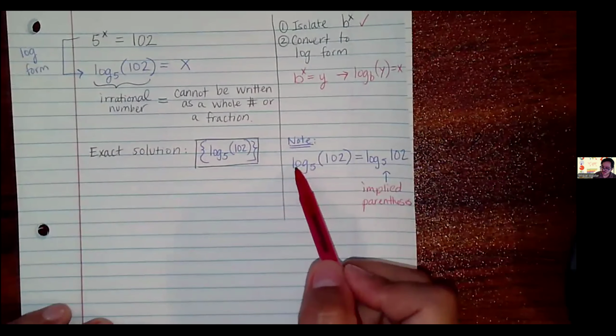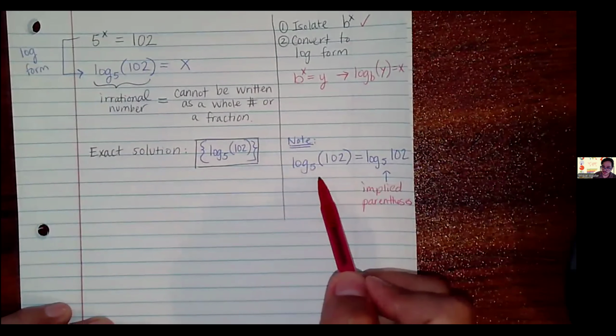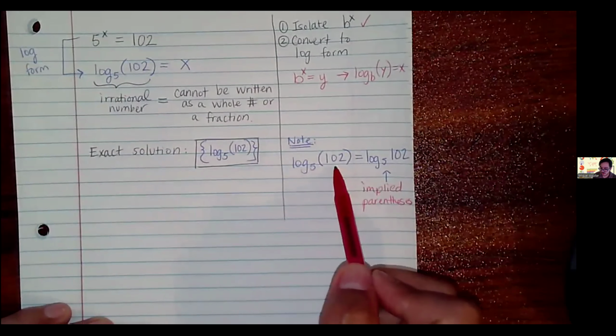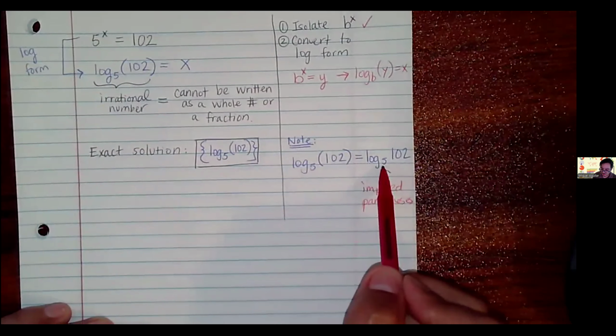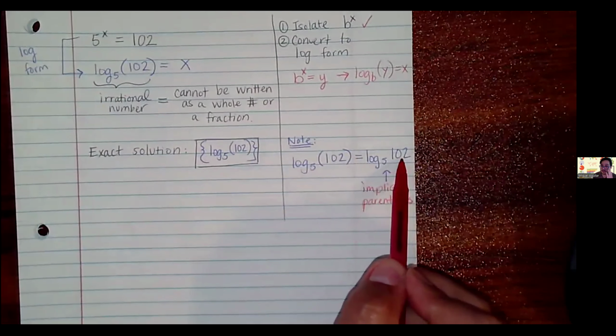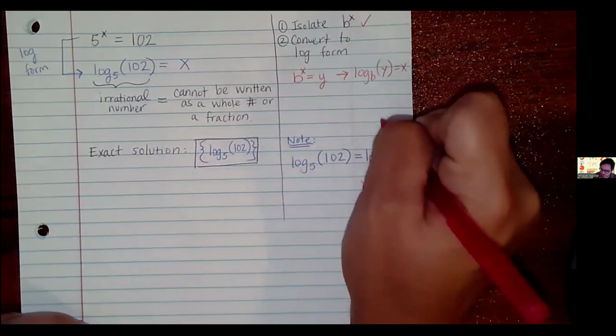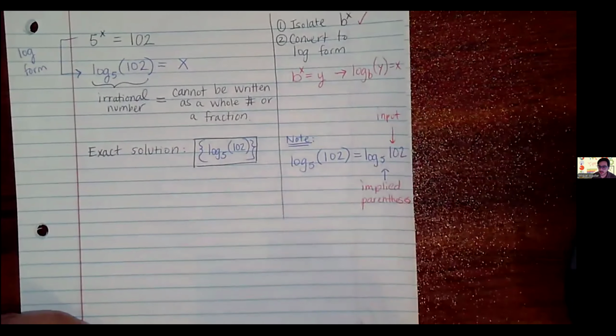We're saying that this is the log base 5 function, and that log base 5 function is taking an input of 102. Okay, so this is not a base number, and this is not the exponent in terms of an exponential expression. This is a log base, and then this is the input of that log function.